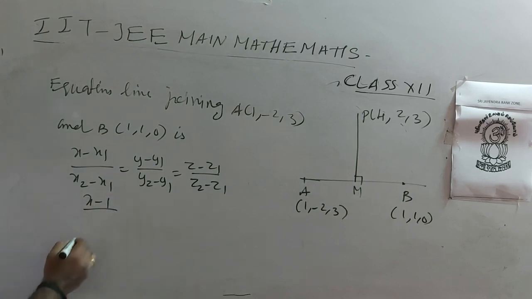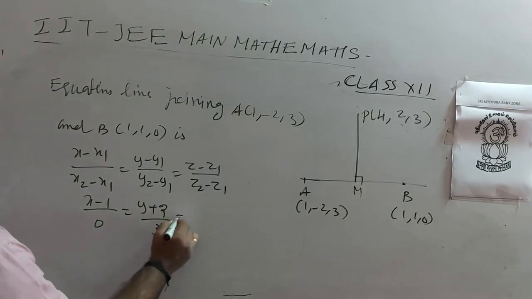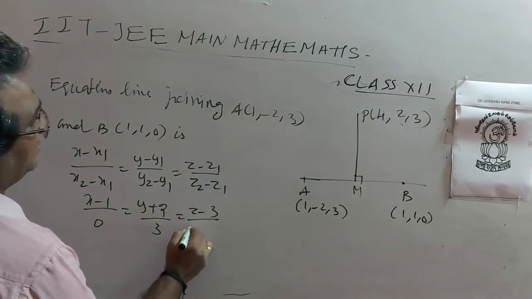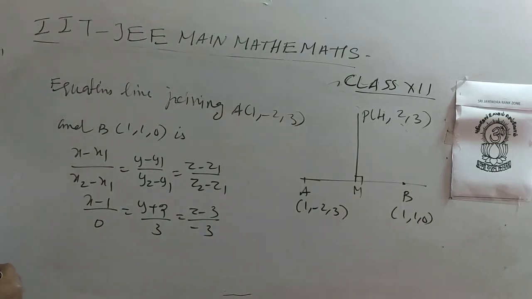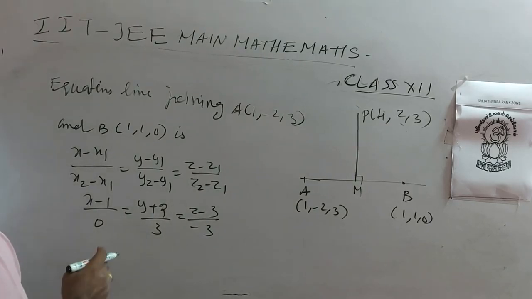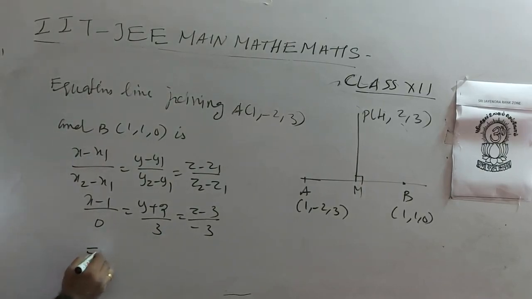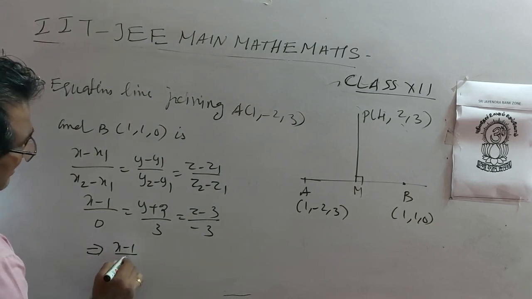That is, (x minus 1) by 0, (y plus 2) by 3, (z minus 3) by minus 3. Even here we have 3 and minus 3. These are ratios, so we can divide the denominators by 3.